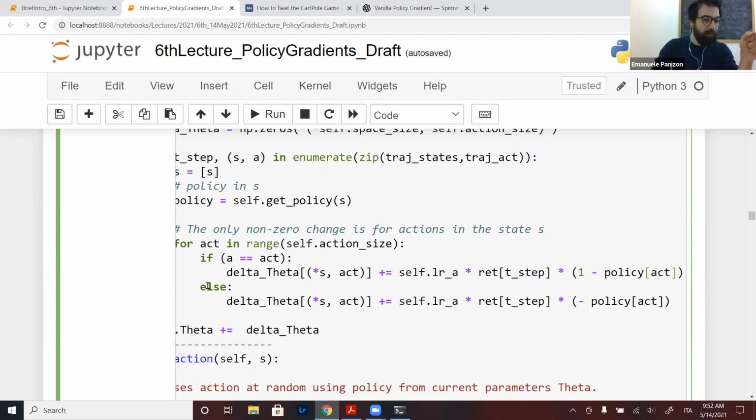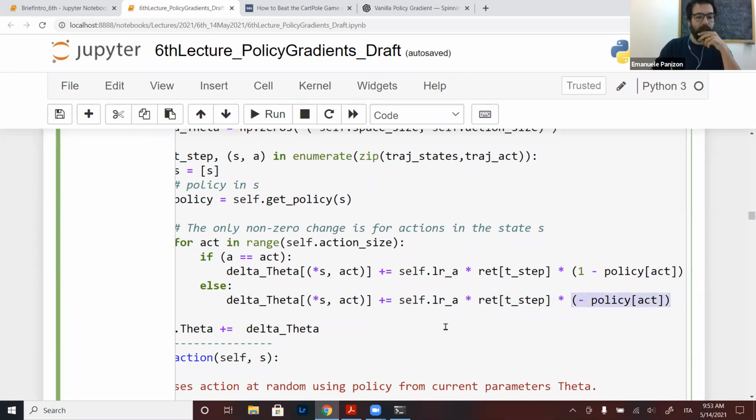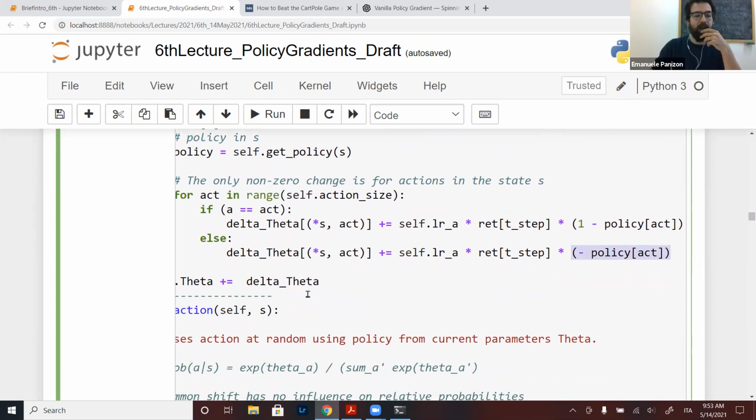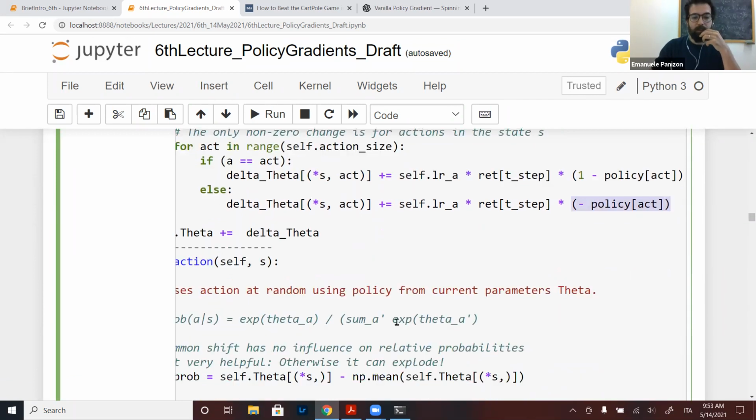If I'm considering an action which I did not take, then I have the return, and I have minus the probability of taking it. And then I just apply this change here.